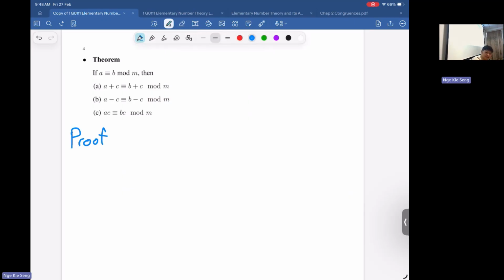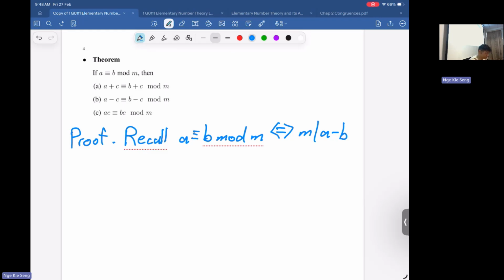So this proof is really simple. You just need to know one definition. A is congruent to B mod M if and only if M divides A minus B, their difference. So we're just going to use this to see why these things are true.